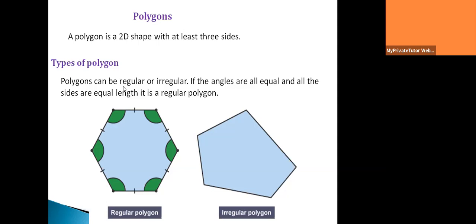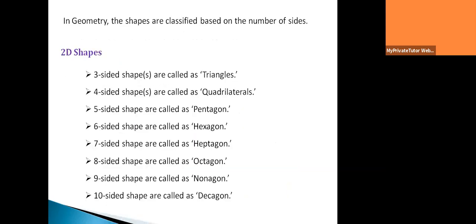So that is the irregular polygons. Now let's figure out the complete types of 2D shapes or polygons. These are the basic types. A triangle has three sides. If it has four sides, then it is a four-sided shape, that is a quadrilateral.